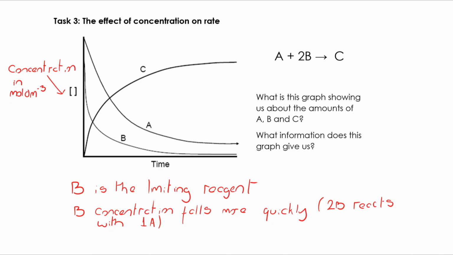Well, that makes sense because 1 mole of A is reacting with 2 moles of B. So we would expect that more dramatic reduction in the concentration of B. And finally, mirroring the idea of B being the limiting reagent, the term we would use for A here is that it is in excess. We have more of it than we need. And we know we have more of it than we need because we still have some of it present when the reaction has stopped.